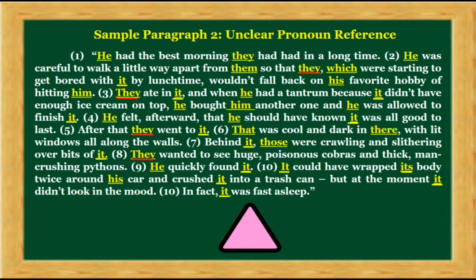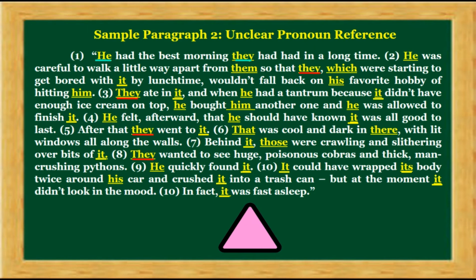The second reason why the paragraph does not make any sense is that some pronouns do not match in number with the nouns they are replacing. For example, in the first sentence, the opening subject is he, which is singular, and the succeeding subject they is plural.